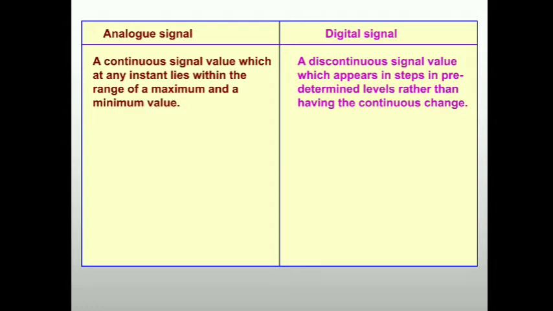It is a signal value which appears in steps in predetermined levels rather than having continuous change. I'll give you a graphical representation of analog signal and digital signal, right? Analog signal we simply call the voltage varying with time.